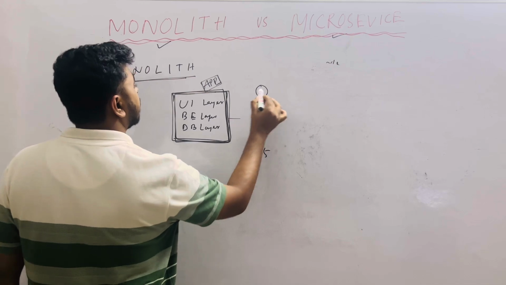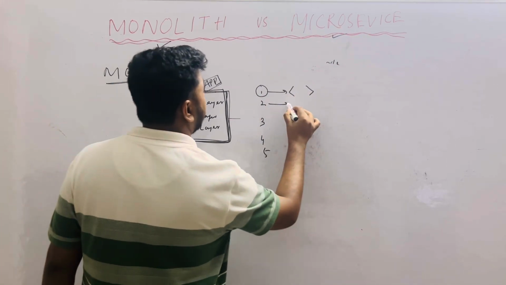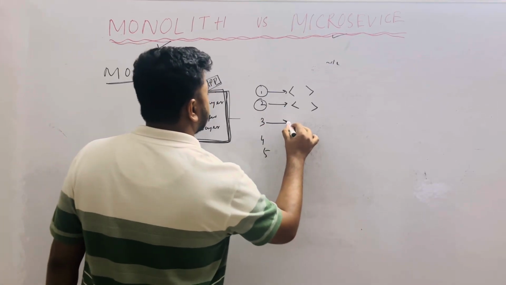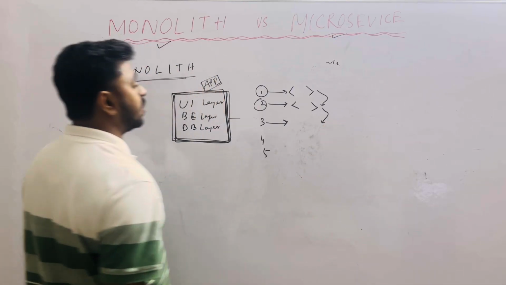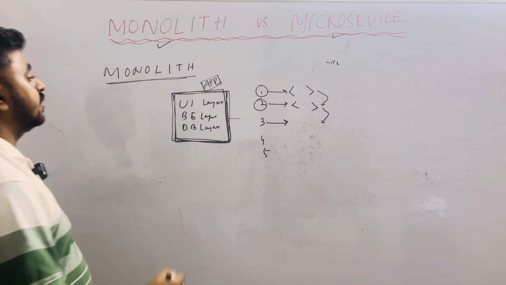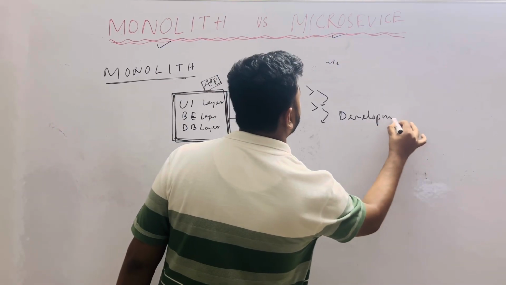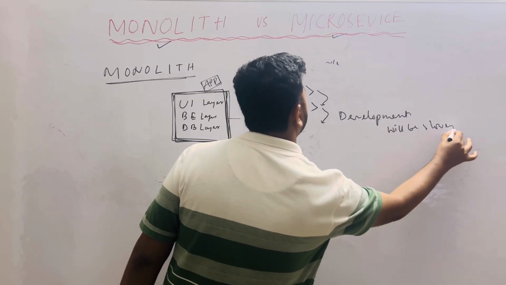One developer is working on one file which may be used by another file which is being changed by a second developer. So there will always be interdependency in terms of development, and definitely the development will be slower. This is another problem of monolith.